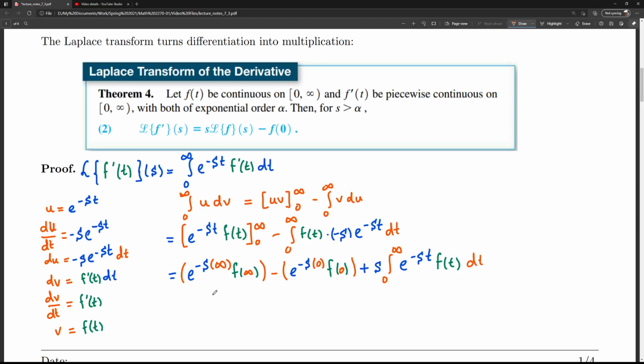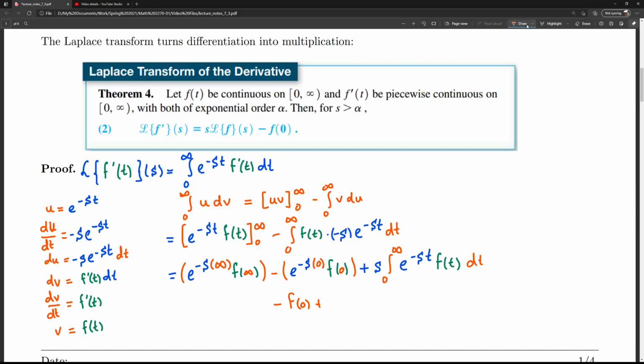So these parts, this is pretty straightforward, that is just f of 0. So I have a minus f of 0 here. For the second part, I have s times, and what I have here is exactly the definition of the Laplace transform of f of t.